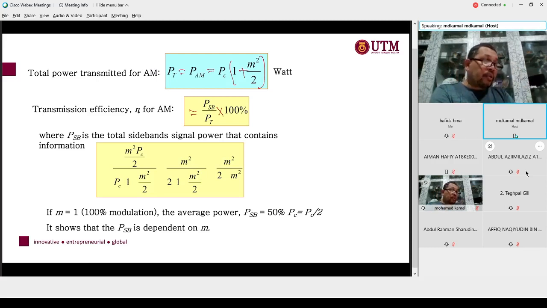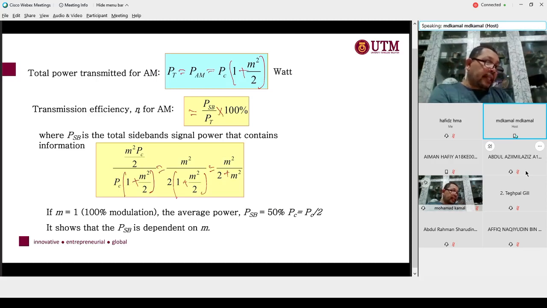Power in the sideband is PC M square over 2, over PC plus PC M square over 2, which equals M square over 2 plus M square.